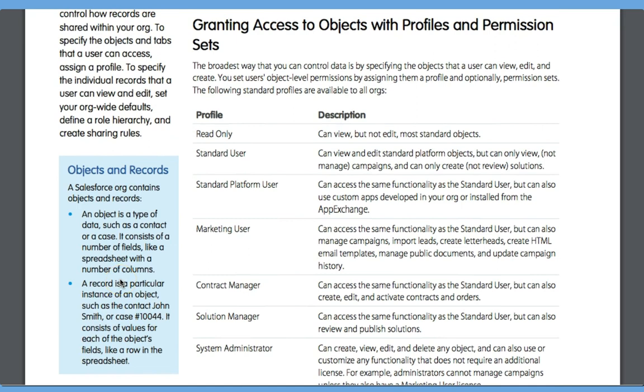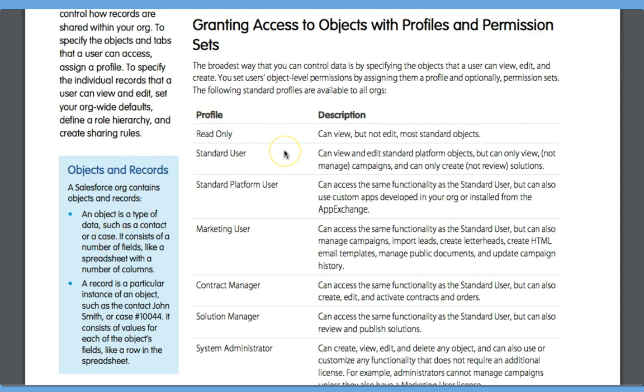So we have records, and records are made up of fields, right? So John Smith is the record. The fields such as address, shipping street, billing street, those are fields. Those are attached to the record. Okay, so that's what we mean by an object and a record, and I've spoken a little bit about fields.